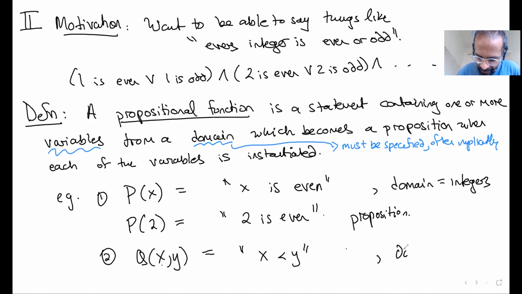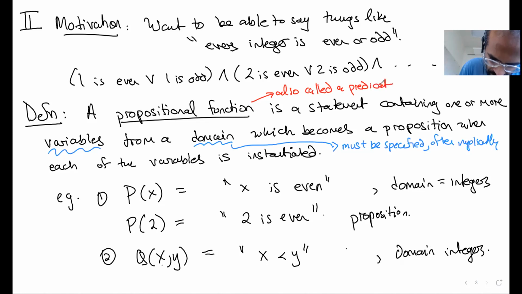And let's again say the domain is the integers, so this applies to pairs of integers. Sometimes this is also called a predicate, so we'll use those terms interchangeably.